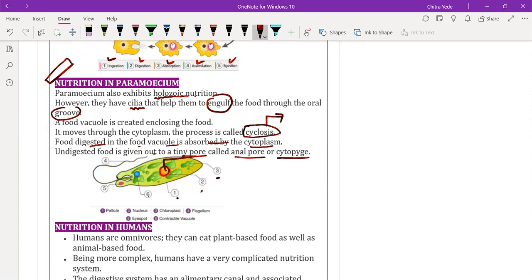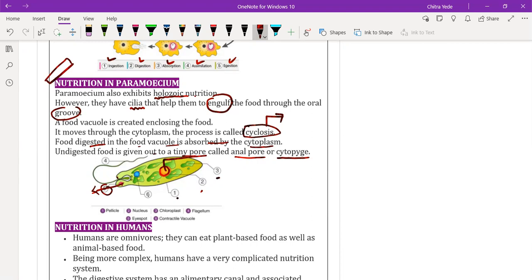Here we have the fifth one, this one. The waste material is removed from the body. So this is the process of holozoic nutrition in paramecium.